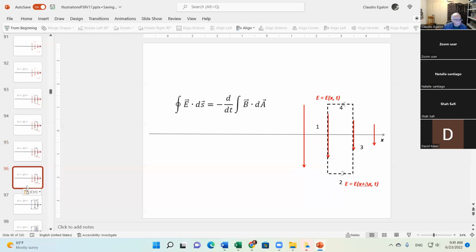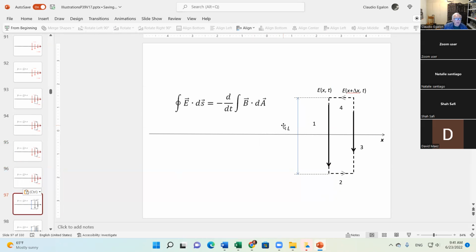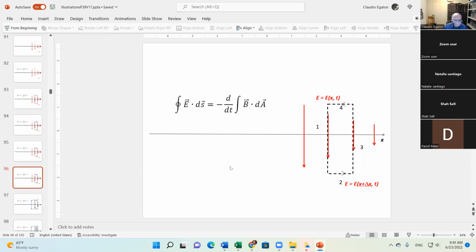And I am also going to come up with a length for this side of the loop. This length you already know is delta x. But I'm going to come up with this arbitrary length L for this side of the loop.